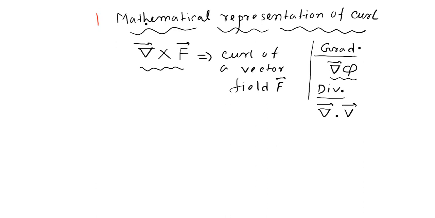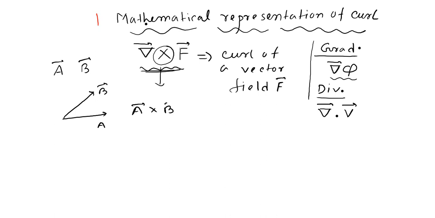Here one interesting thing is why the cross product is chosen to represent the curl of the vector field: because the cross product of two vectors itself gives an idea about rotation. For example, if we consider a vector and another vector b, what will be a cross b?